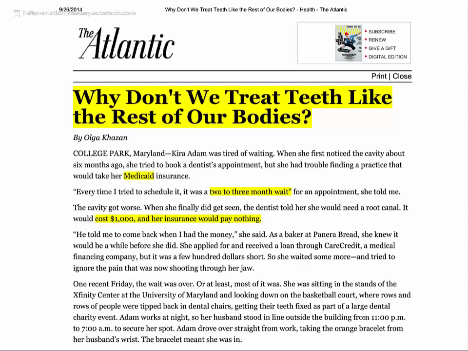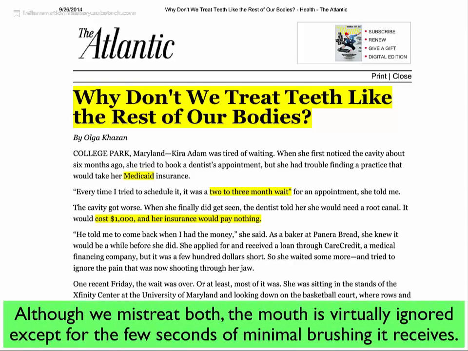You may have seen this article published in the Atlantic somewhat recently in 2014. The title is, Why Don't We Treat Teeth Like We Treat the Rest of Our Bodies? And I would actually argue that we do treat our teeth like we treat the rest of our bodies. We actually mistreat both. But the mouth is virtually ignored, except for a few seconds of minimal brushing that it receives by most of us every day.